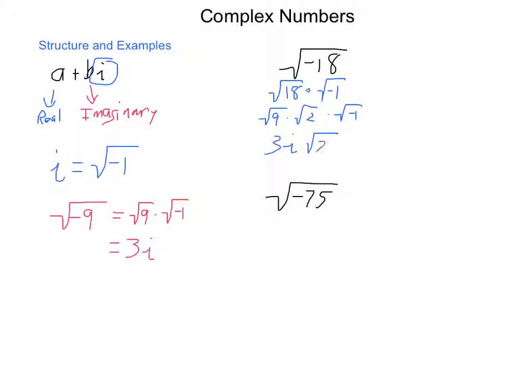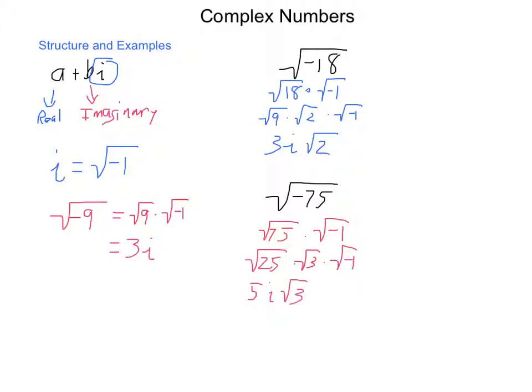Square root of 2 we cannot simplify, so we end up with 3i root 2. Square root of negative 75 will break down similarly. We have the square root of 75 and the square root of negative 1, which is square root of 25 times the square root of 3 times the square root of negative 1. We have 5i root 3.